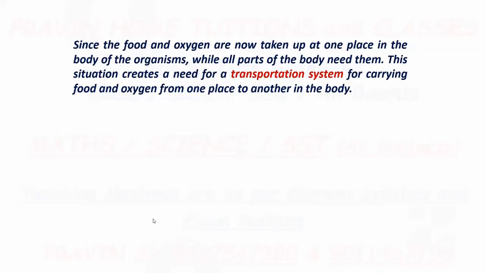But it is to be transported to all parts of the body, and the energy we get from the food should be supplied to each and every part of the body. For this, a transportation system is necessary. That is called the transportation process.